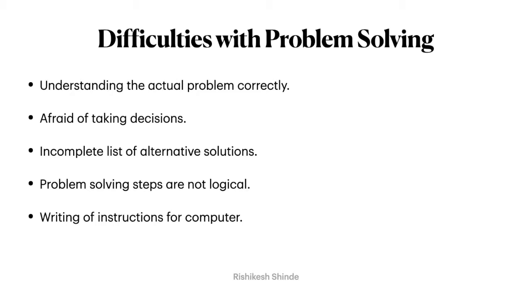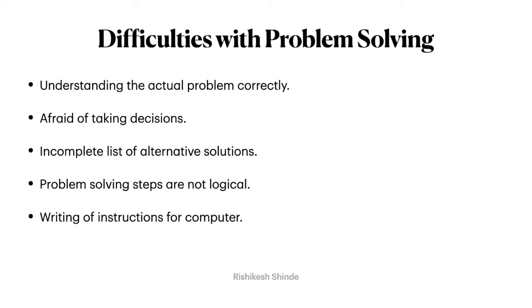Third one is an incomplete list of alternative solutions. In the third step of problem solving, we make a list of alternative solutions to solve our problem. In case of an incomplete list, it will be difficult to solve the problem because we would not get an adequate or correct solution.